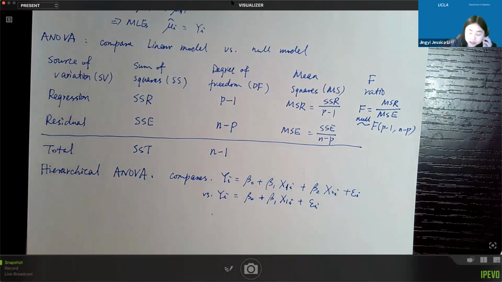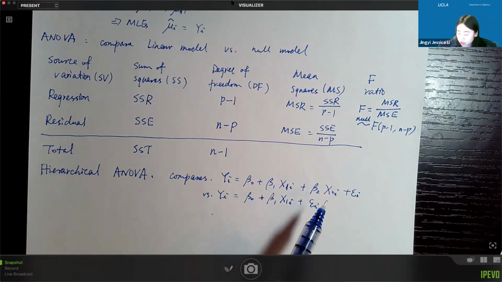So I'm comparing the model with a smaller model by excluding the last predictor from the model. Essentially, this hierarchical ANOVA is to test the conditional contribution of the x2 predictor given that x1 is there.